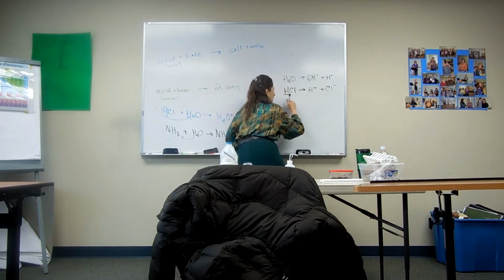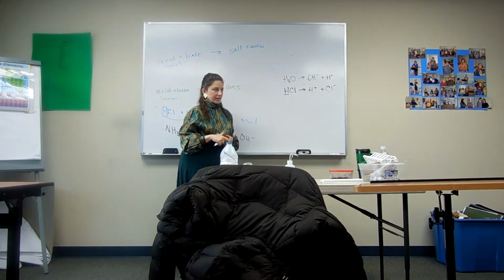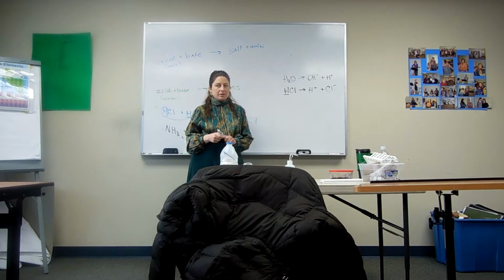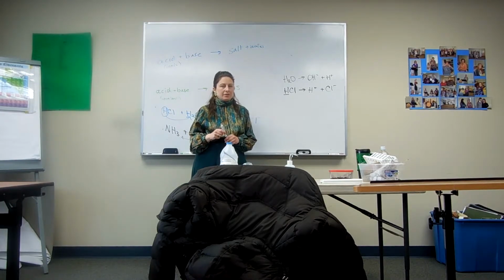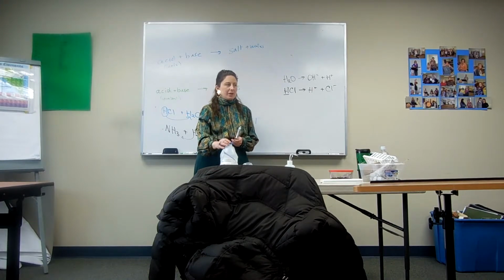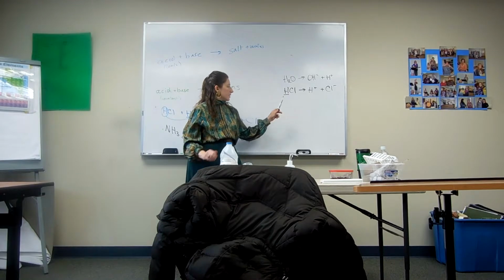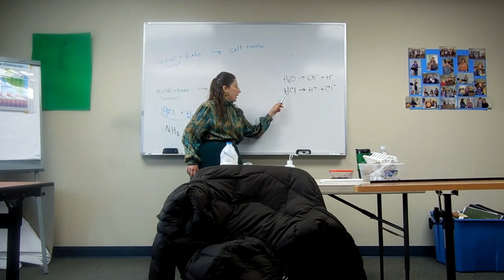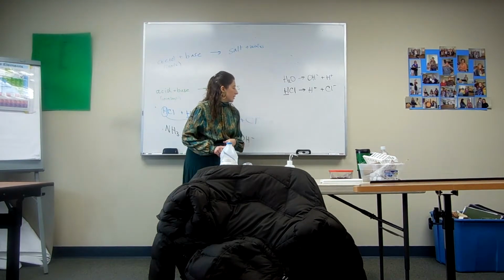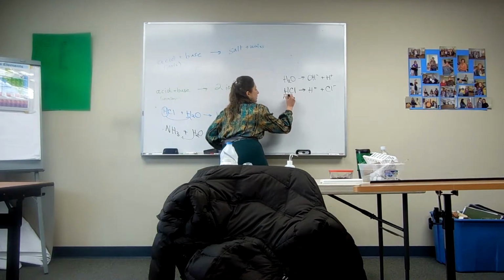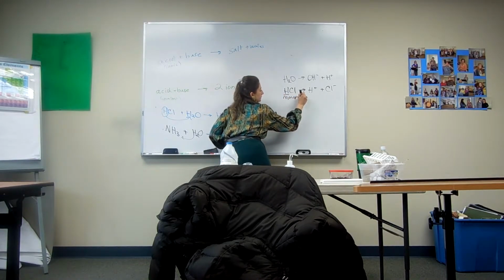And so when you have one hydrogen to donate in an acid, that acid is called monoprotic. We have one God, so we are what kind of theists? Monotheists. So this is a monoprotic acid because it has one hydrogen.